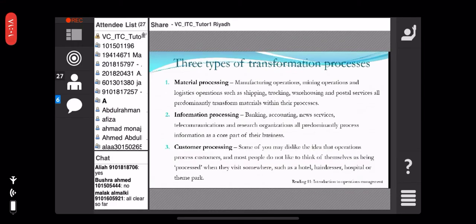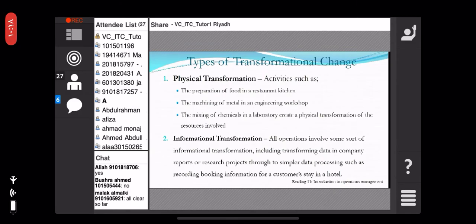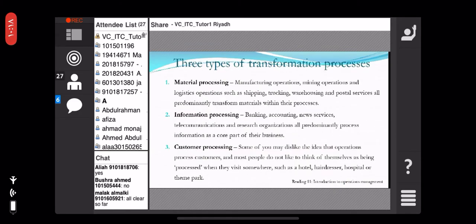There are three types of transformation process. Transformation means transferring, let's say, from one place to another place. We call it transformation. So three types of transformation process: material processing, information processing, customer processing. Number one is material processing.